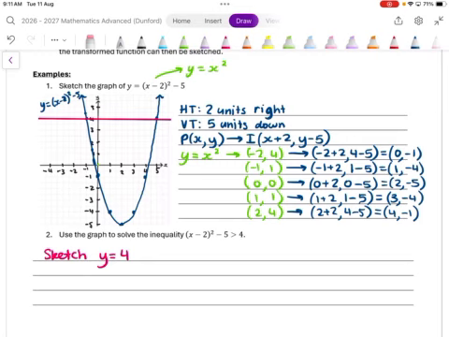So we have that it intersects here and it also intersects here. So this point here is the point (-1, 4), and our other point is the point (5, 4).